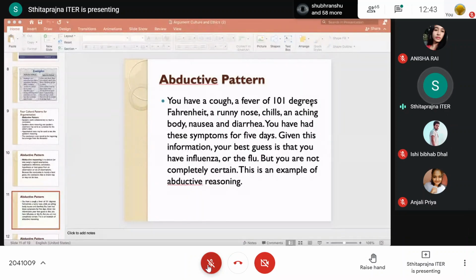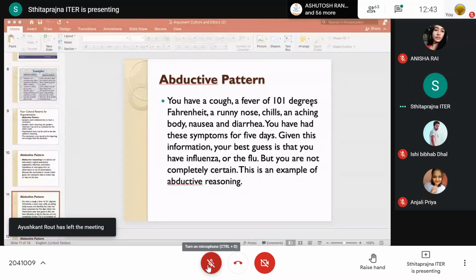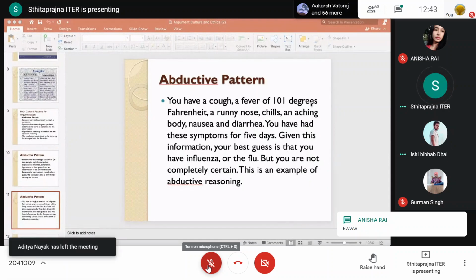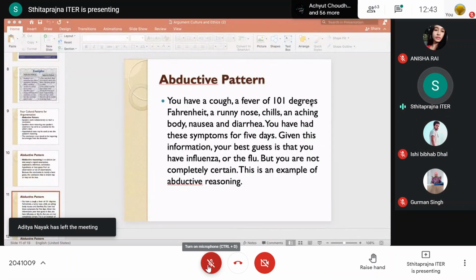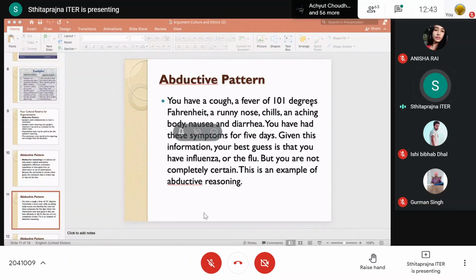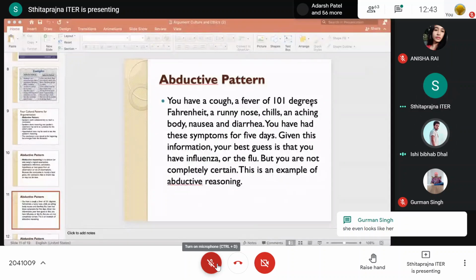Why, Gurman? Why is Anisha like Sonia Gandhi? My God, I see her as a very sensible girl. What's wrong? Ma'am, you are wrong. No, I'm wrong. I thought she was a very good leader, unlike Sonia Gandhi. No, Mamata Banerjee.